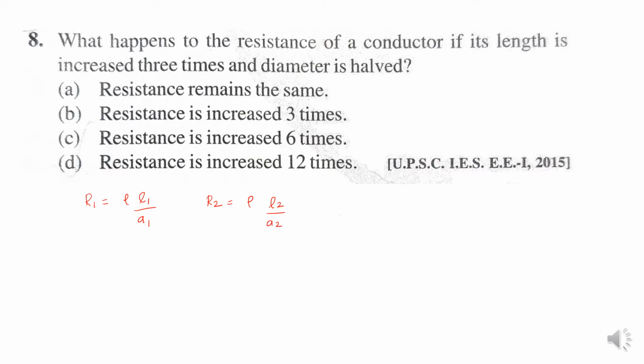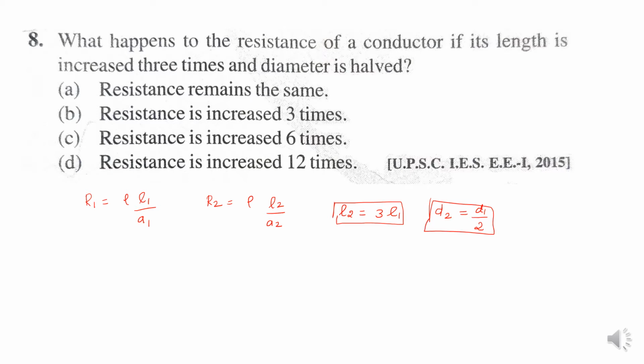The length is increased 3 times the original length and diameter is halved. So L2 is 3 into L1, but here diameter is given. Diameter D2 is half, D1 by 2.